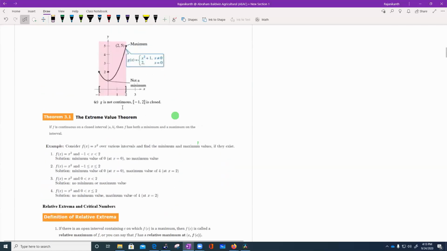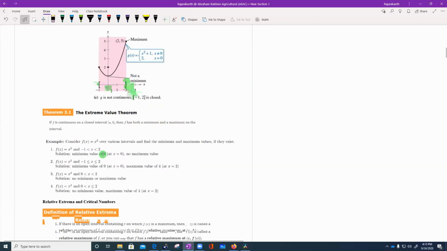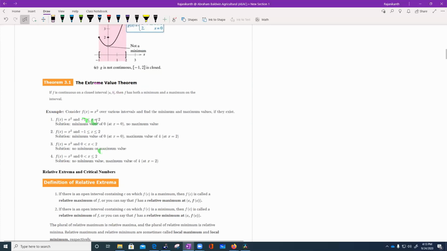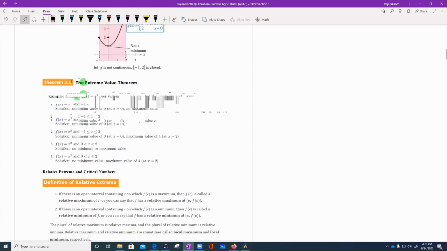So the interval may be given in bracket or parenthesis form or by using an inequality. Look at this example, but before going to that, look at this theorem, the extreme value theorem.